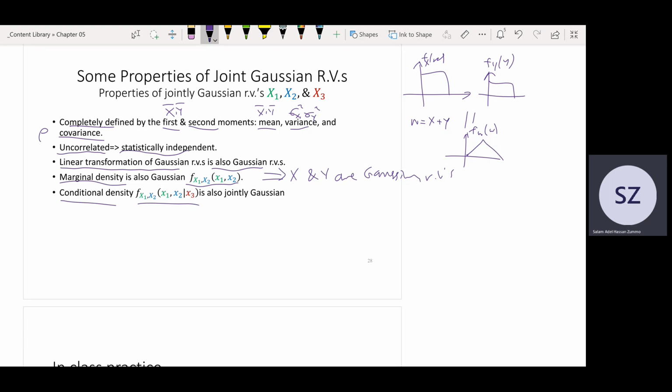So if I have x1, x2, and x3 are jointly Gaussian, then if I condition only one of them, then the other two will be also jointly Gaussian. So if I take the PDF of x1, x2 given x3, it will be also jointly Gaussian. Again, we will not prove this.